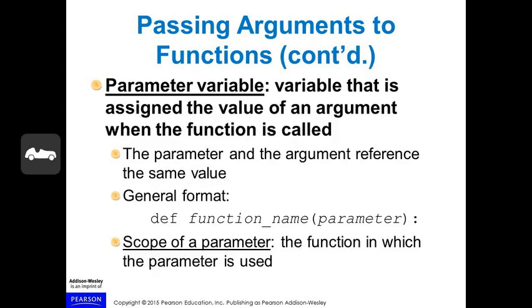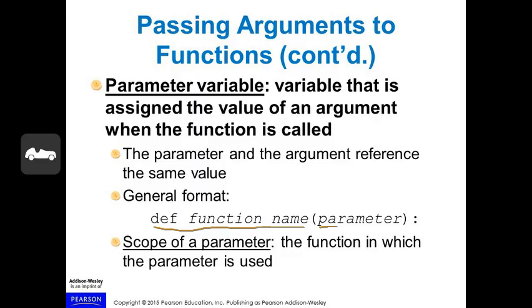And if you want a function to receive arguments when it's called, you must give that function one or more parameters. Parameters are special variables that are assigned the value of arguments when a function is called. And this is the general format of a function definition.